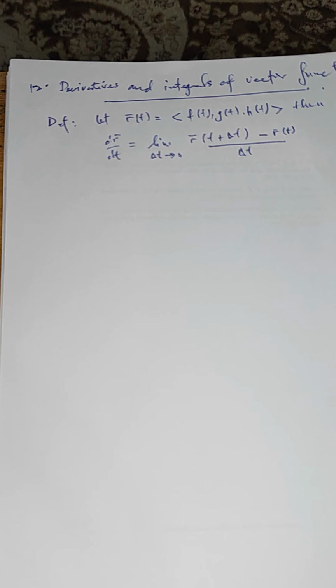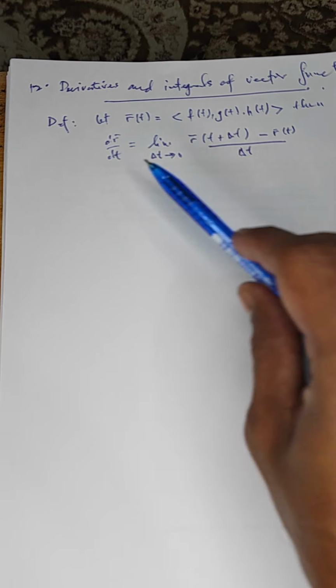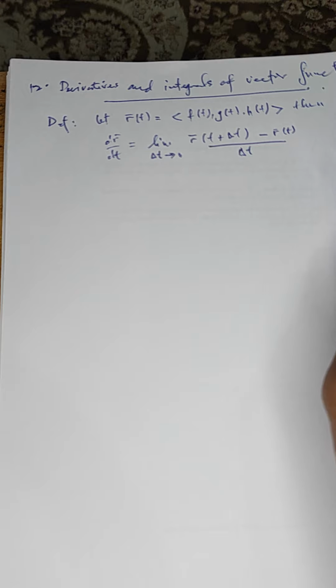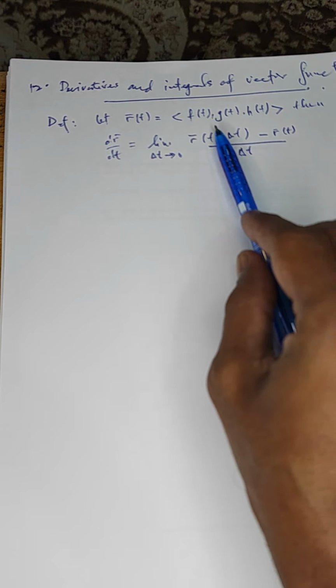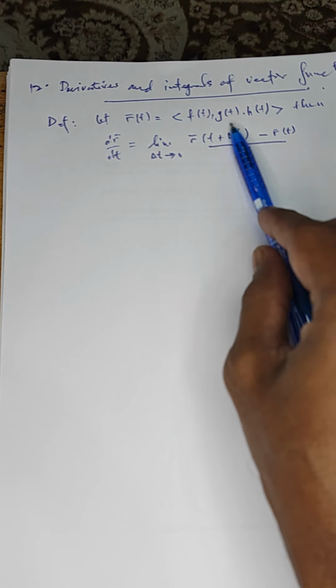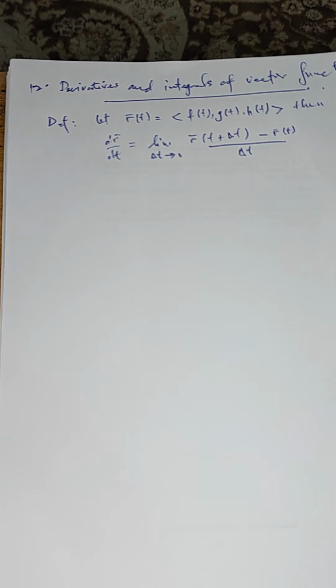If you remember the definition of differentiation for a real valued function, it's similar. Instead of a vector function, we have a real valued function. Normally we use h here, and h approaches 0.